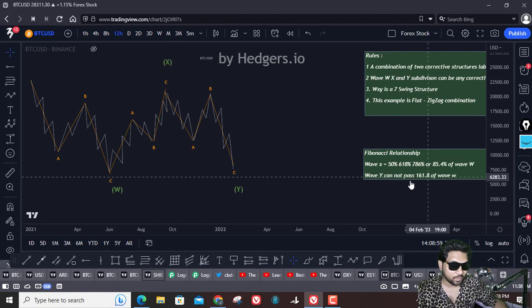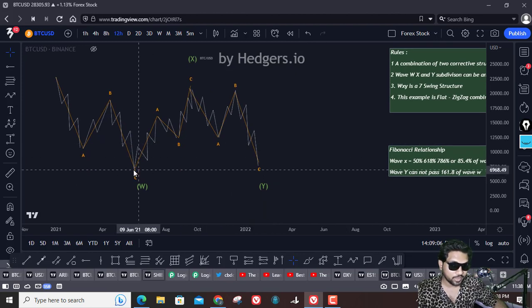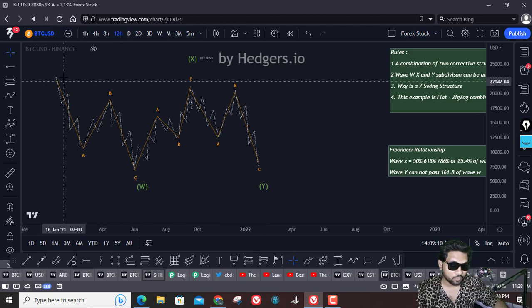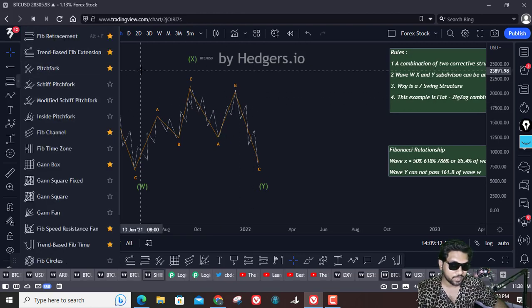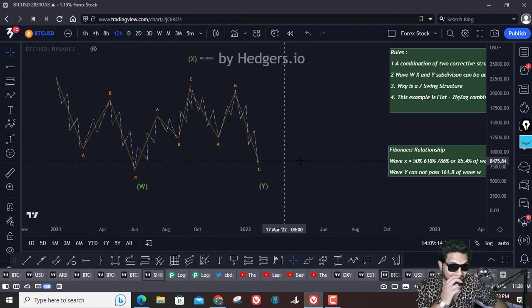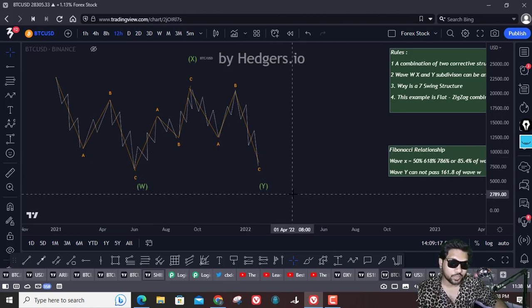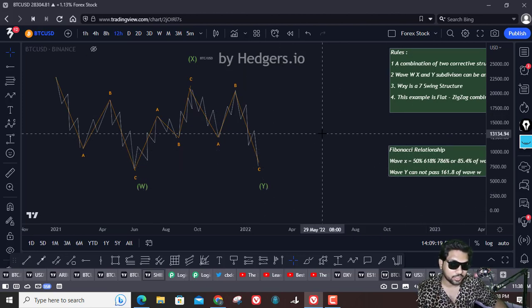And wave Y cannot pass 1.618 of wave W. When we count the wave W using the trend-based Fibonacci, the Y should not go beyond 1.618. That is the Fibonacci relationship.